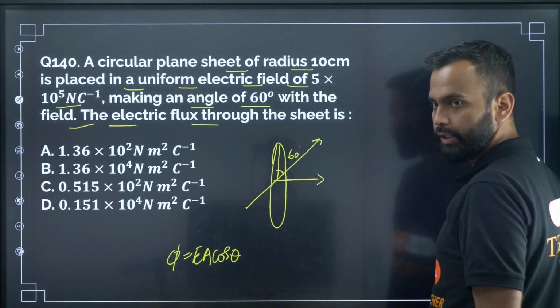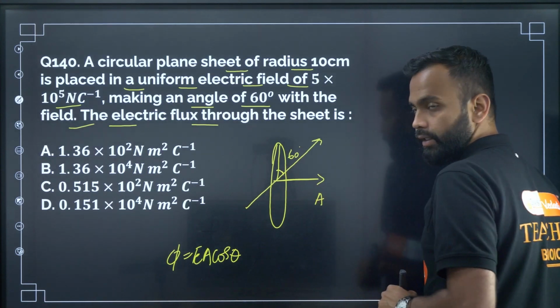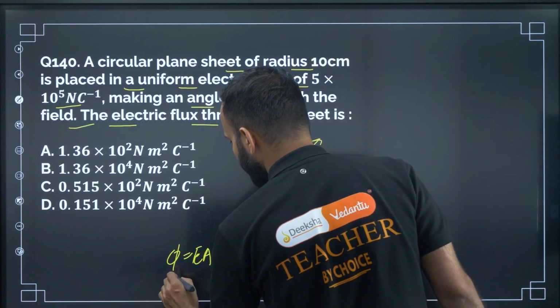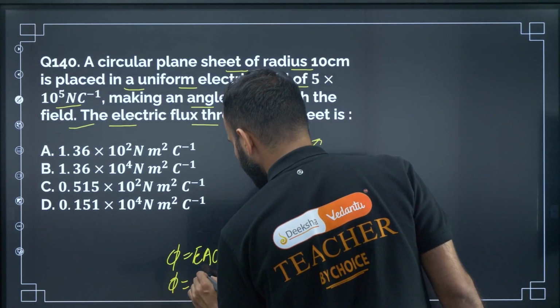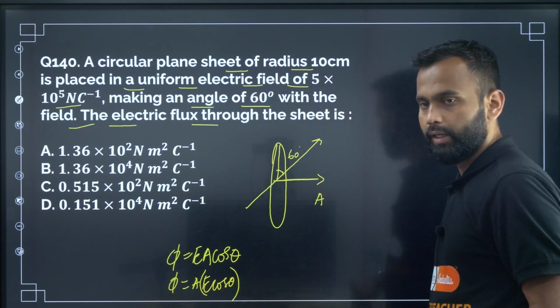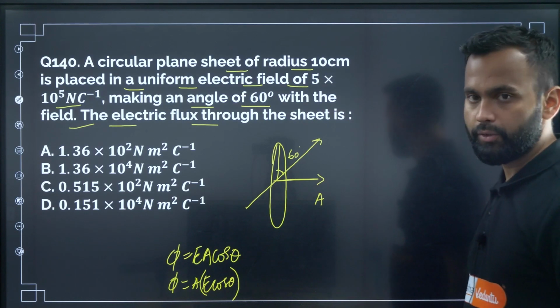So this is the direction of A. Now I can write phi as A into E cos theta also.